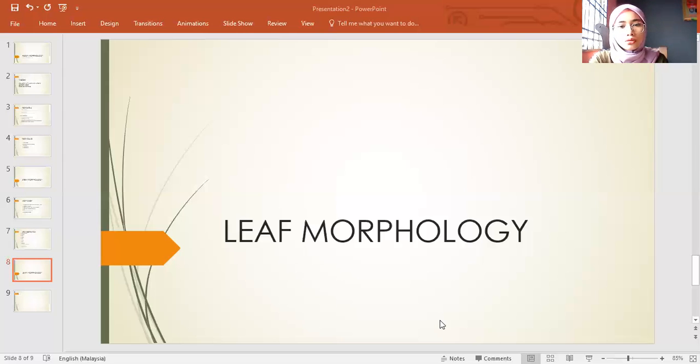So we go to the question part. Okay, let's go to the question and answer part. Okay, for root morphology, the first question is how the root develops.